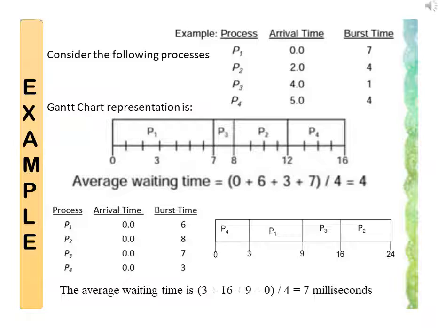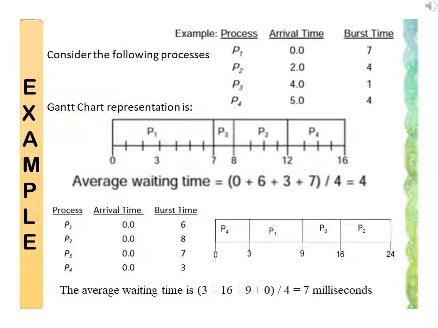The Gantt chart representation is: P1 has arrival time 0.0 and burst 7, so it runs from 0 to 7, and after that P3.